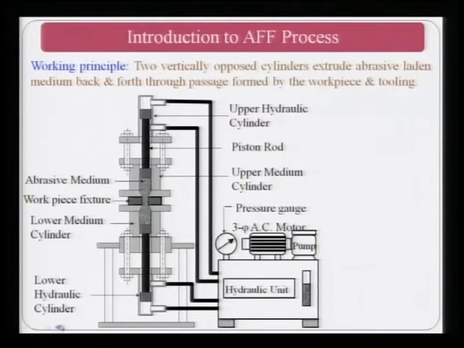As you will see here, there is the upper hydraulic cylinder, and this is connected to the upper medium cylinder with the help of a piston rod or connecting rod, and here is the medium, as you can see, abrasive medium, and here is the workpiece fixture, and the workpiece is shown over here, which is in contact with the medium. Then you have the lower medium cylinder and the lower hydraulic cylinder.